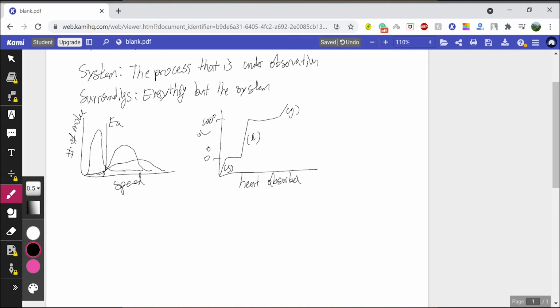And adding heat to our system may not increase the temperature, because notice these areas where the heat will be used to break apart the intermolecular forces, which is why our temperature doesn't increase during these periods. And a good thing to know is that during these periods, potential energy increases.